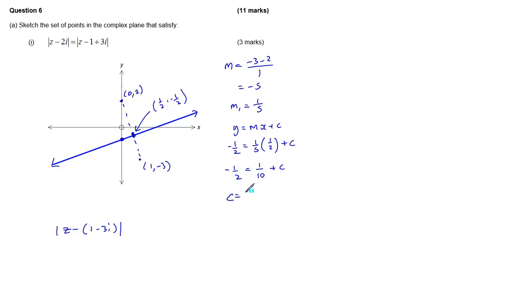So c is going to be -1/2, take away 1/10. So that's going to be -5/10, take away 1/10, which is -6/10, which is -3/5. So this is at (0, -3/5). And I think we've got enough detail on there that we'll definitely get the 3 marks now.